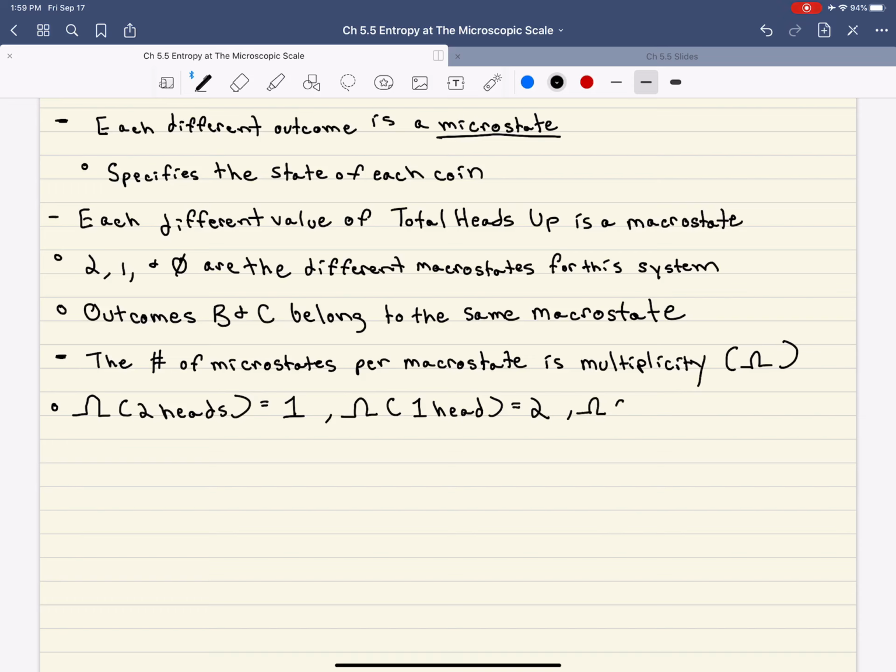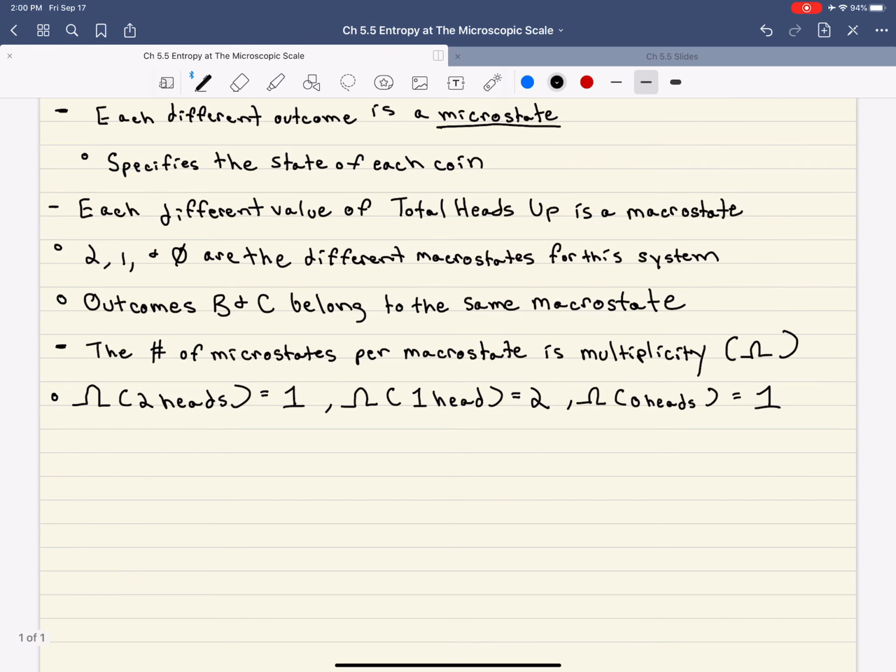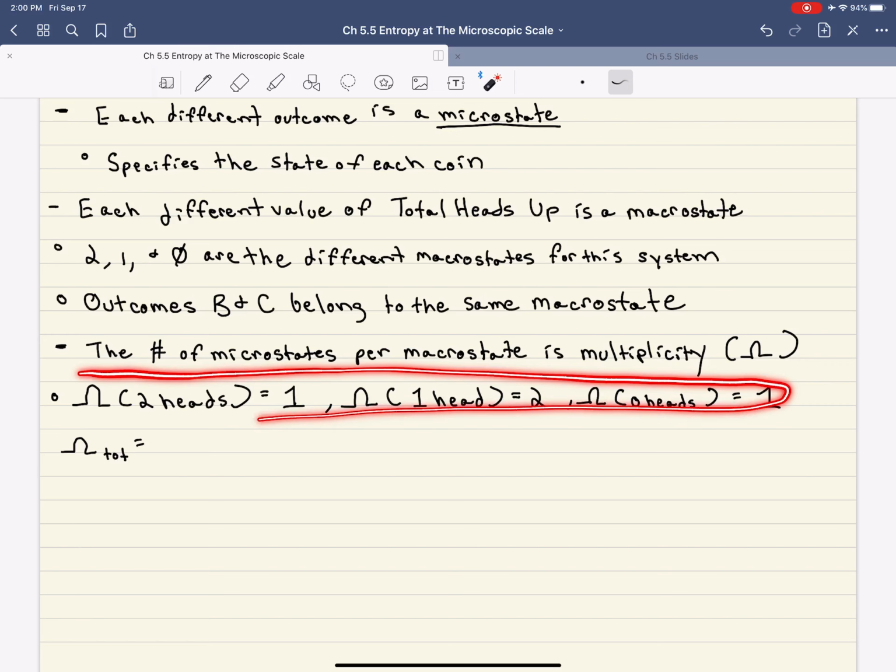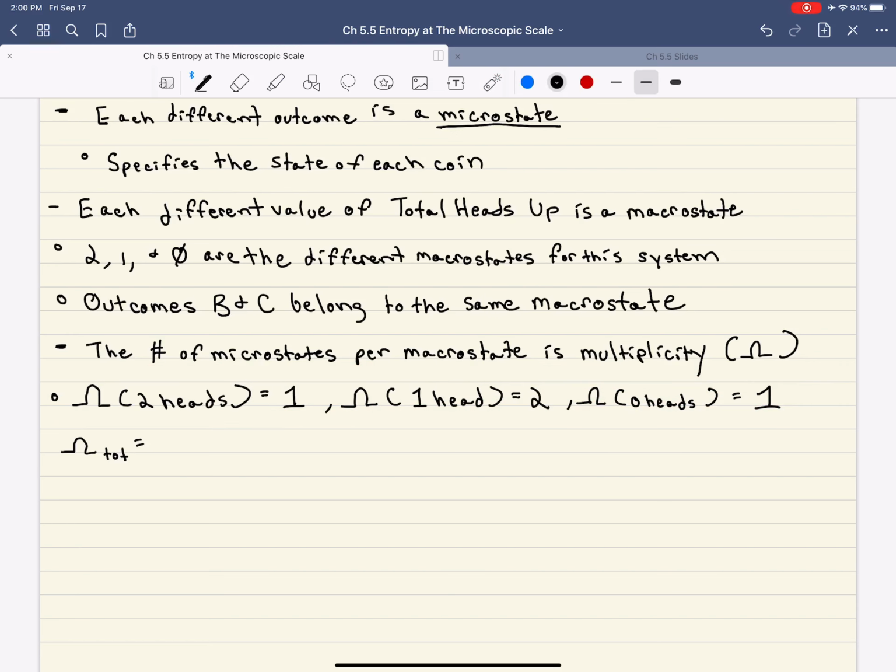And the multiplicity of the macrostate where we had 0 heads face up would be just 1. Okay? All right, and so if we add the total number of different types of microstates that we get, which would just be a sum of the multiplicities of the macrostates, we would get 4, right?